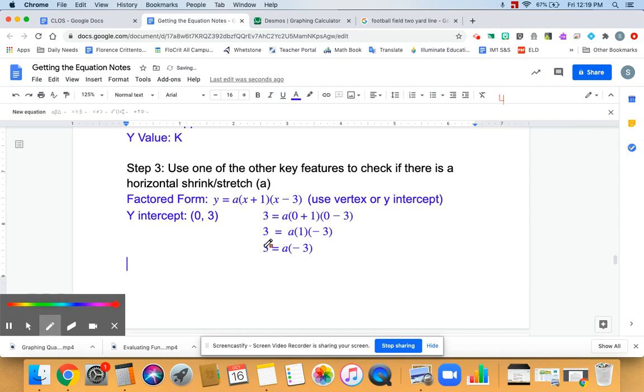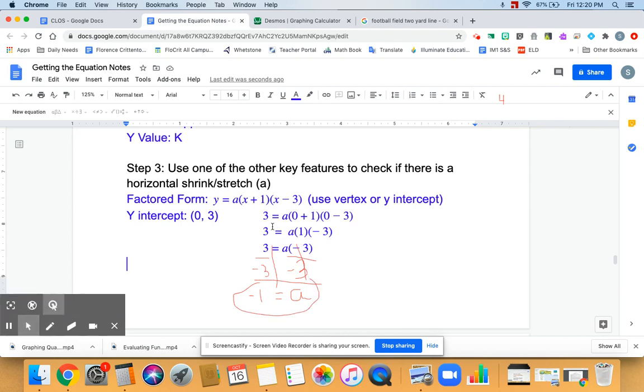And finally, to solve for a, it says a times negative 3, so I have to divide the negative 3 away from both sides. And these cancel to just leave me with the fact that a is going to equal 3 divided by negative 3, which is negative 1.